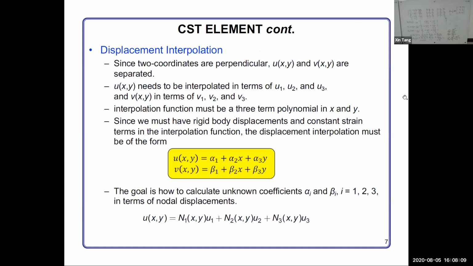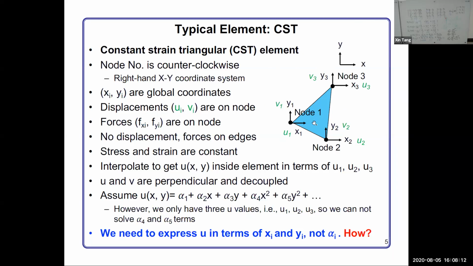Now, we have talked about the basic principles of finite element analysis, and we started with a fundamental element called the CST element, constant stress or constant strain triangle element. So here, if you can see my mouse, here is a CST element.